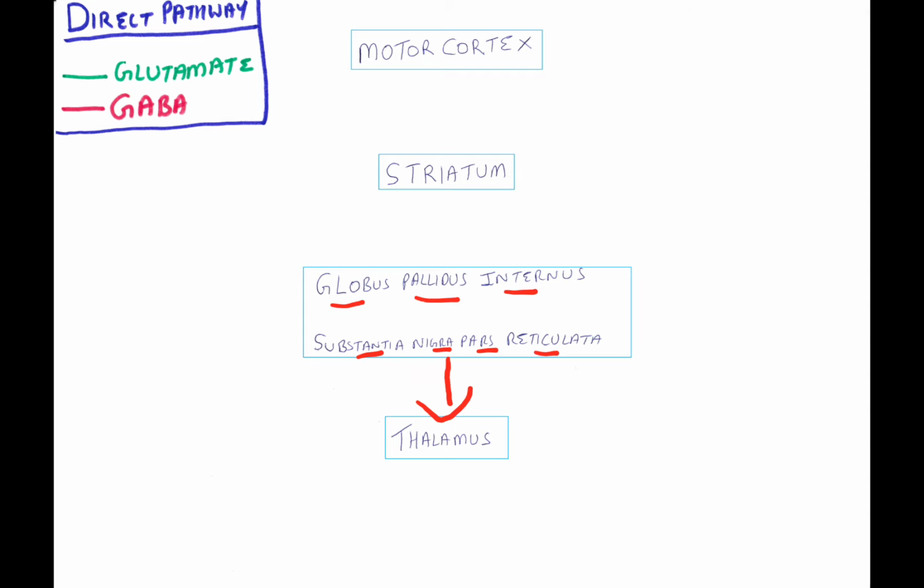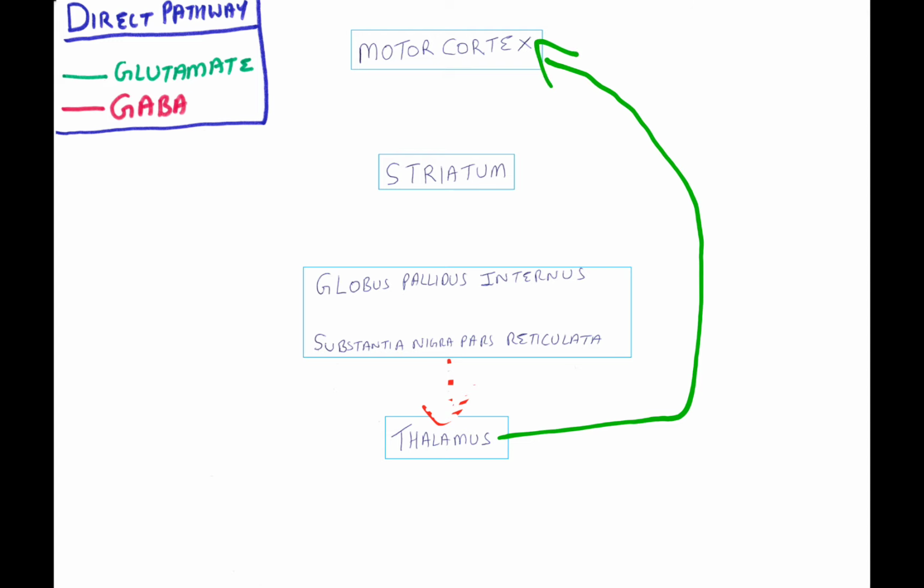Once again, globus pallidus internus and substantia nigra pars reticulata always inhibit thalamus. If you disinhibit this thalamus, then the thalamus will stimulate the motor cortex, hence perform voluntary functions or voluntary movements.